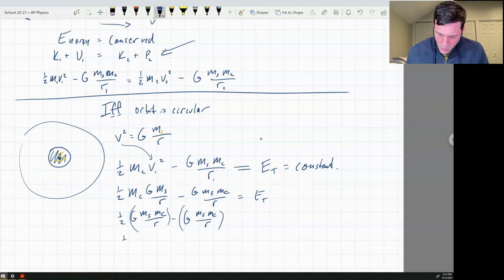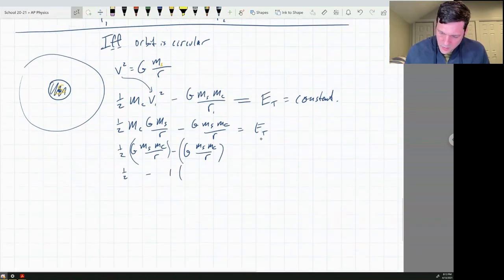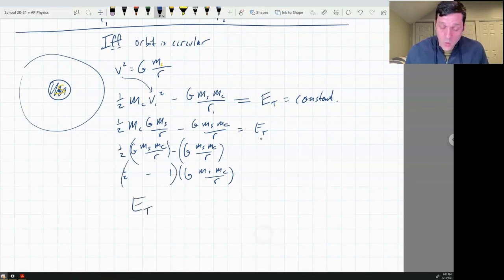So basically we've got 1/2 minus 1 of G, mass of sun, mass of comet, over r. So what that gets us is the total energy for a circular orbit is equal to negative 1/2 G m sun m comet over r.